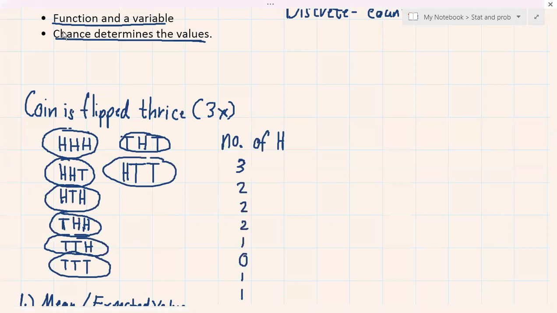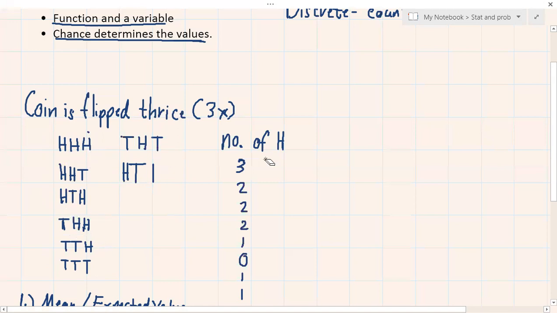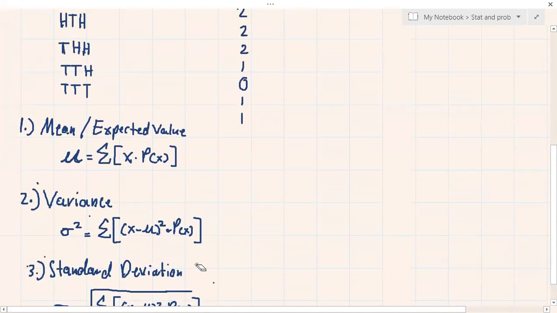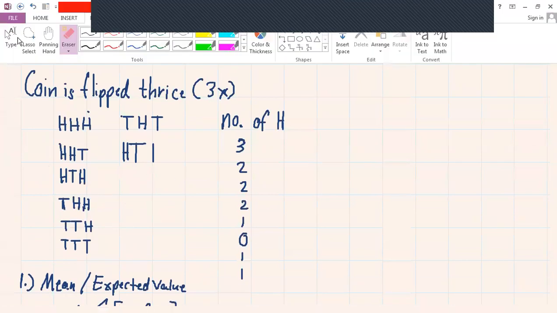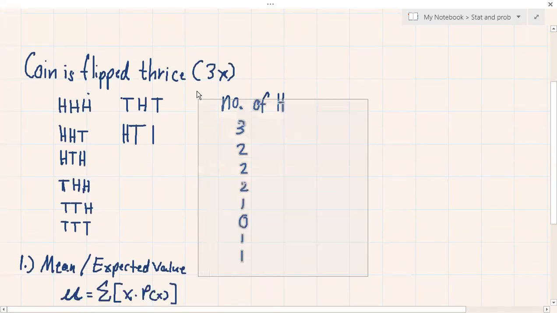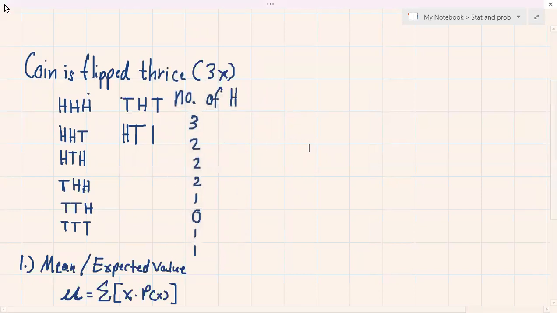Okay? So, as you can see, na-list ko na yung mga values dito for the random variable. Okay? Now, let's find the mean, variance, and standard deviation ng probability na ito. Okay? So since we've already listed it down, yung gagawin natin is we'll put it here and let's make a table.